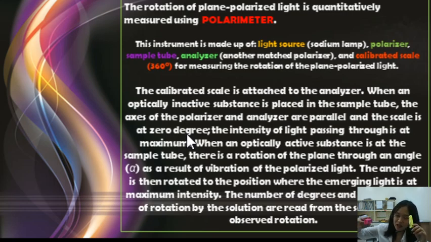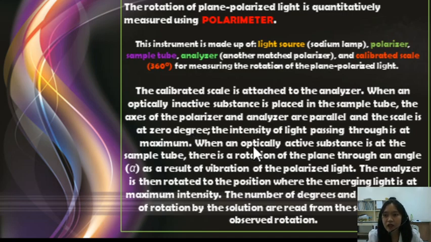But if inactive yung substance, walang rotation na mangyayari kasi nga optically inactive yung substance. So, hindi rin gagalaw yung calibrated scale. Parallel lang siya. Okay, so 0 degrees pa rin siya kasi hindi naman nagbago ang degree.